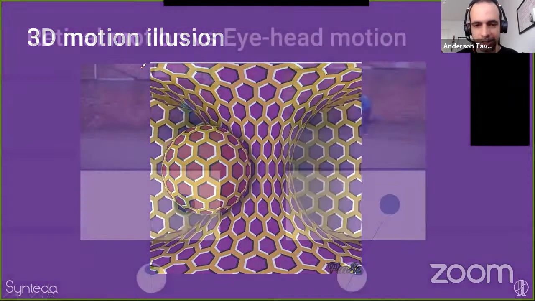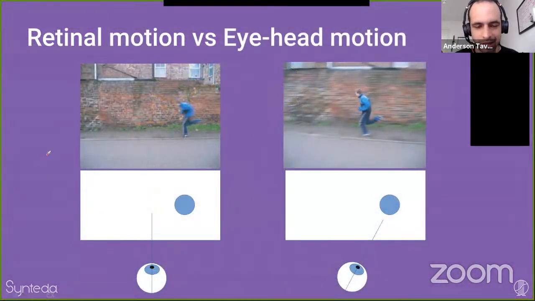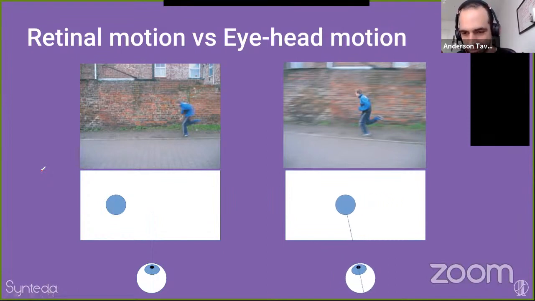And about motion, here we have two approaches happening in our eye. If we have the eye standing still and the object moving in this way, or if we follow the object, so the object is located at the center of our retina here, but the motion of our eyes could tell our brain that the object is moving.